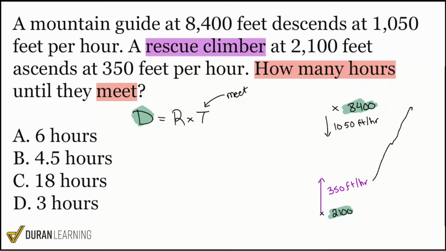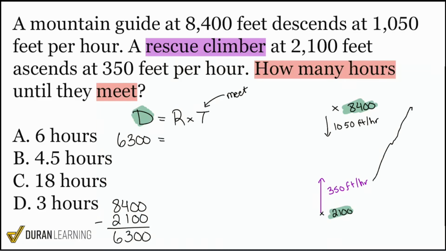So let's do that and see what we get. 8,400 minus 2,100 leaves us with 6,300 feet. So there's the first part, 6,300 feet.